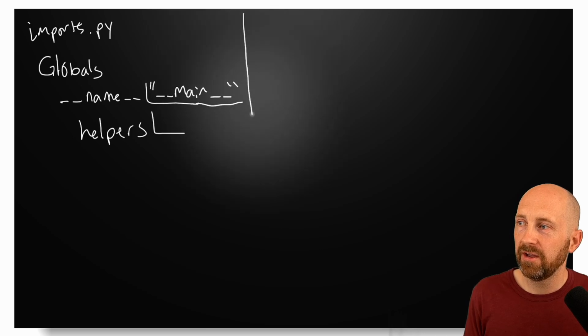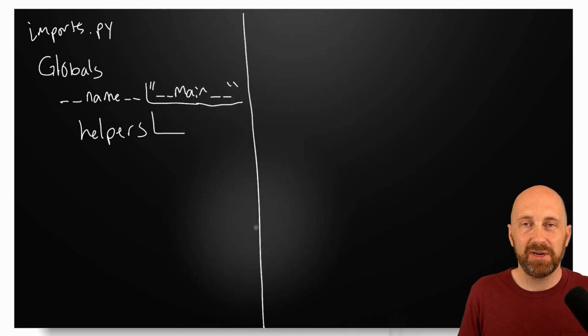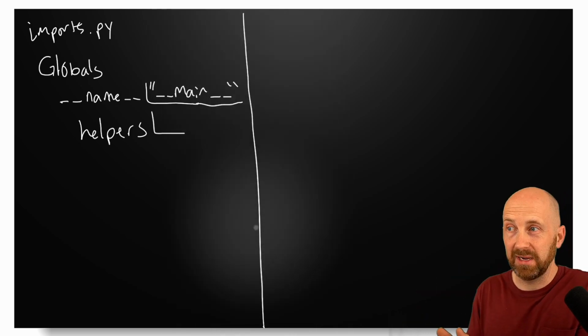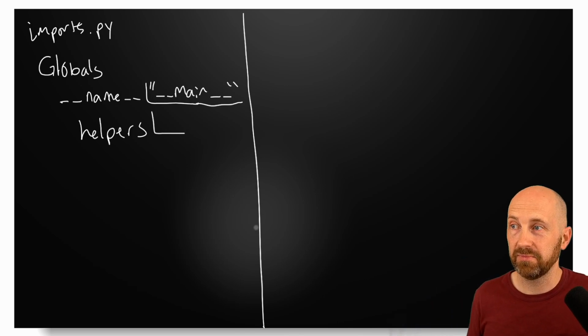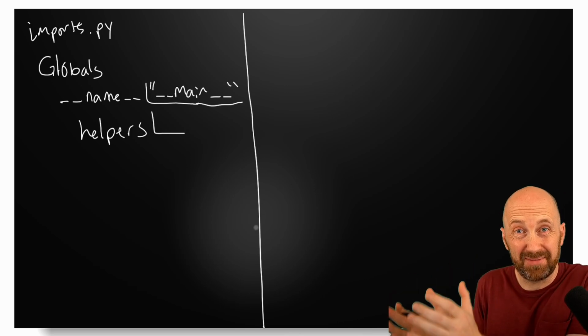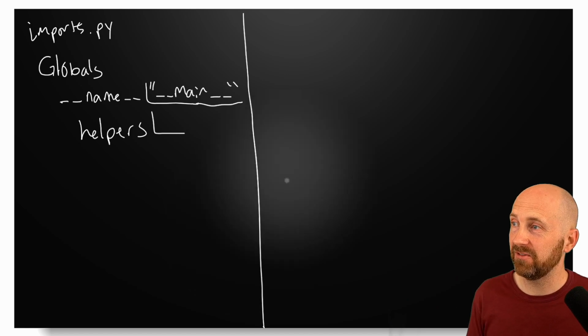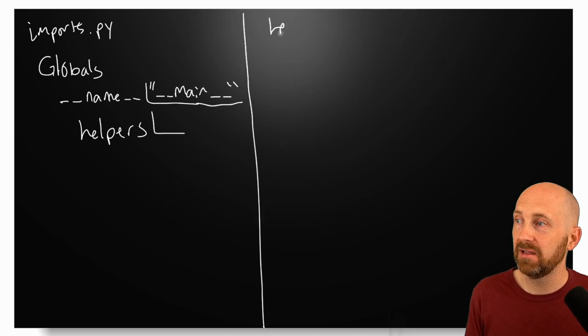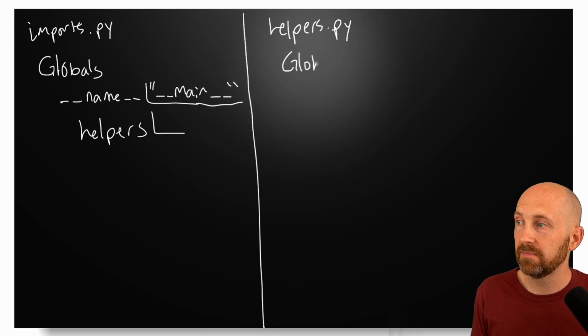Well, what happens next is Python says, okay, let's go evaluate this other module. And it's going to have its own separate globals frame, right? So this is going to be helpers.py. And its name is going to be slightly different, right?